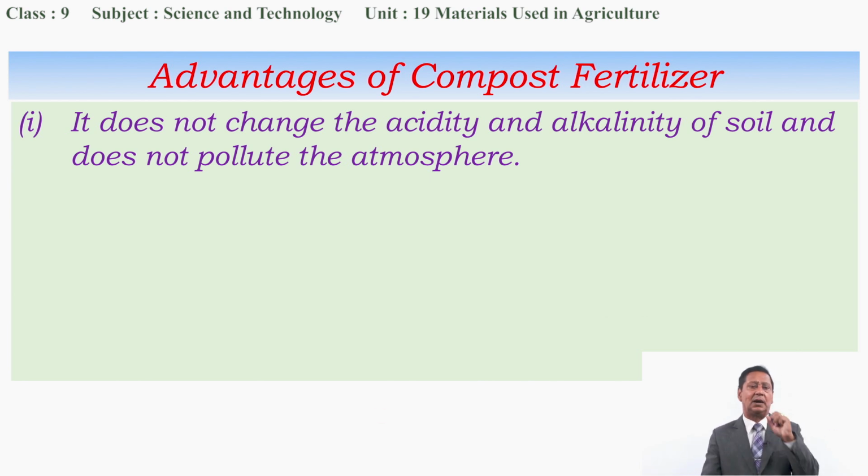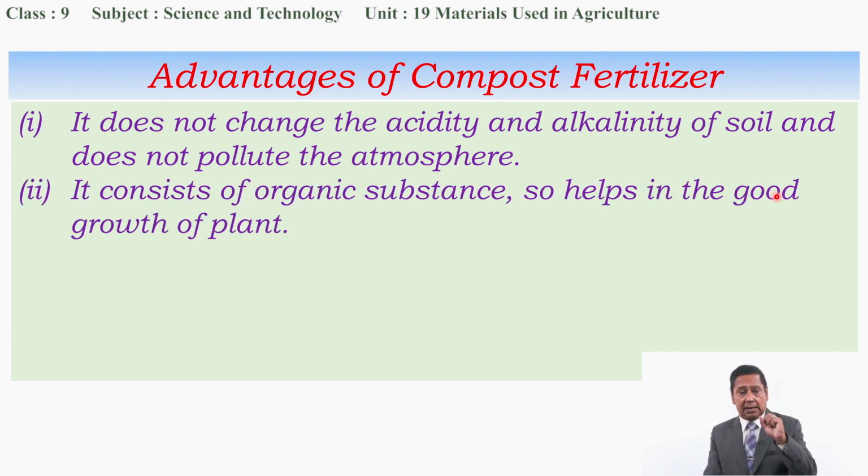One of the great advantages of compost fertilizer or organic fertilizer is it doesn't change acidity and alkalinity of soil, whether it is used in greater amount or in less amount. It doesn't make any change in the chemistry of the soil. This is one of the great advantages of compost fertilizer or organic fertilizer.